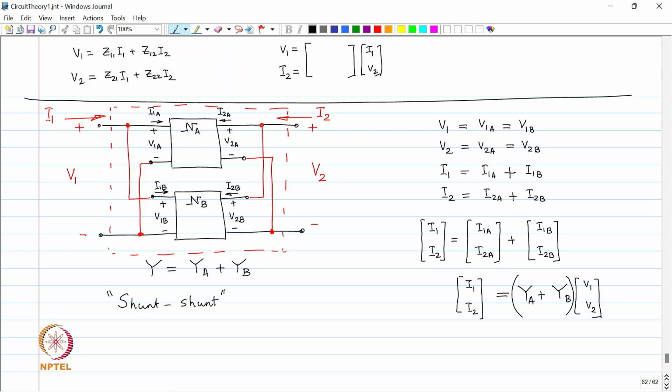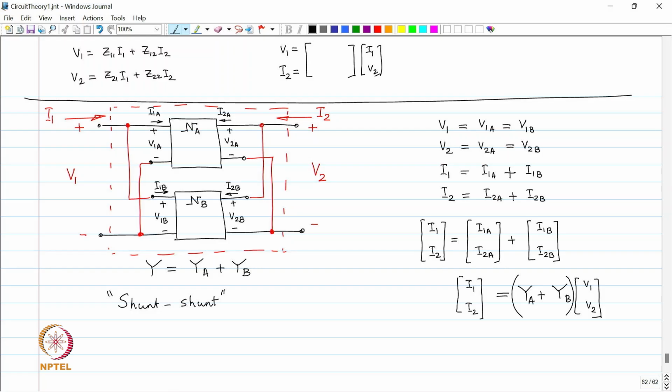So, both sides they are in shunt, and therefore, you are going to use y parameters, and the y parameters are simply going to add with each other, right. Just like when two resistors are in shunt, you use conductance and the conductances add.